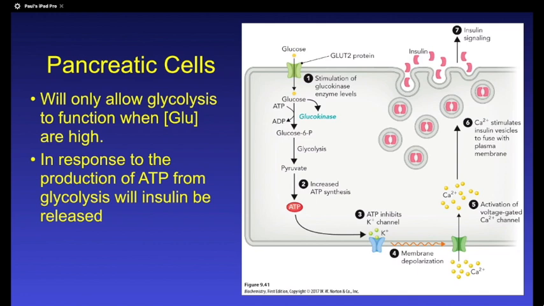That depolarization then affects a calcium channel. The calcium channel opens. Calcium is very, very high outside; inside, calcium is very, very low, generally in the cytosol. So calcium floods in, which then causes a vesicle to merge with the cell membrane.